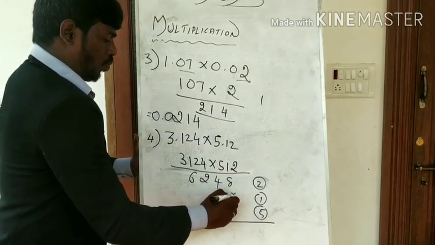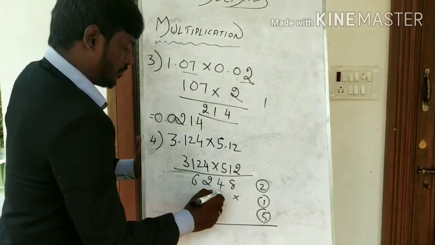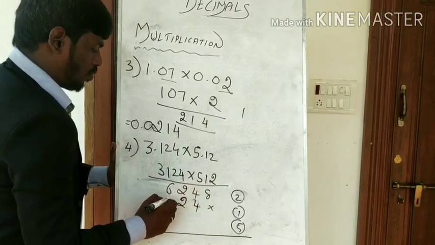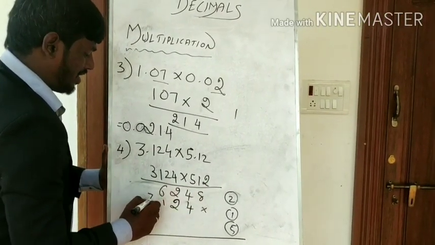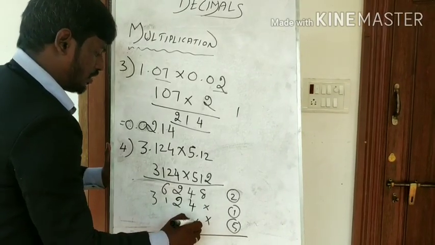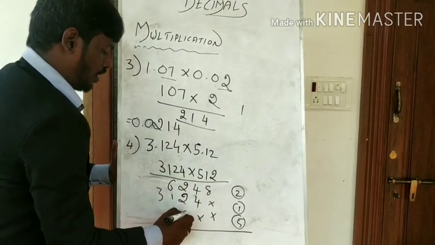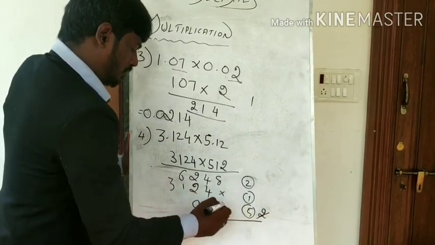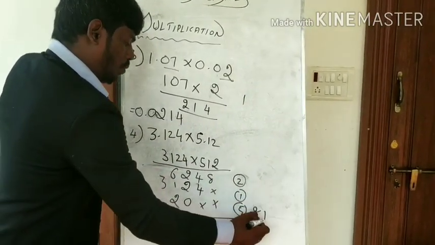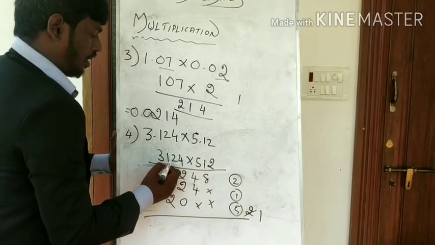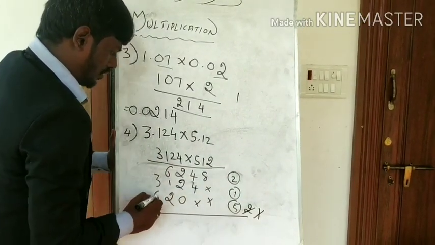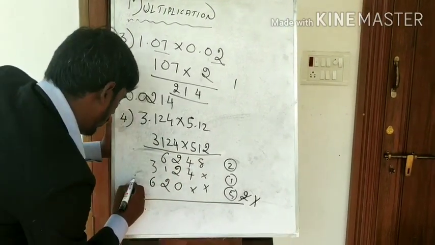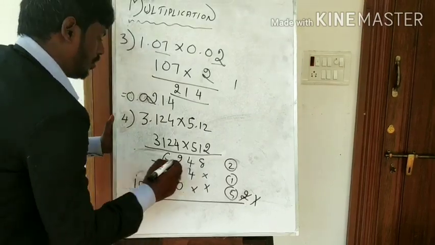Then I am going to multiply by 1. 1 four is 4. 1 two is 2. 1 one is 1. 1 three is 3. Then 5. 5 fours are 20. Carry over 2. 5 twos are 10. 10 plus 2, 12. Carry over 1. 5 ones are 5. 5 plus 1, 6. 5 threes are 15. I am going to add.